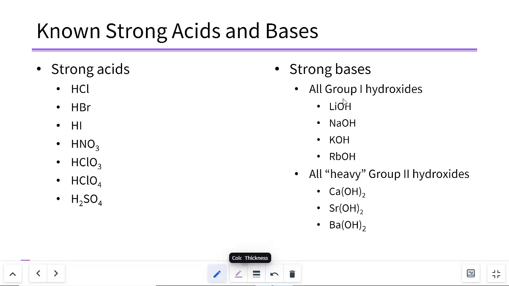So again, identifying it by action or by formula. So all of the hydroxides from all of our transition metals, basic, but weakly basic. They're not in one of those two categories. Nitrogen-containing organic compounds, basic by action, not by formula, but by action, but weak.